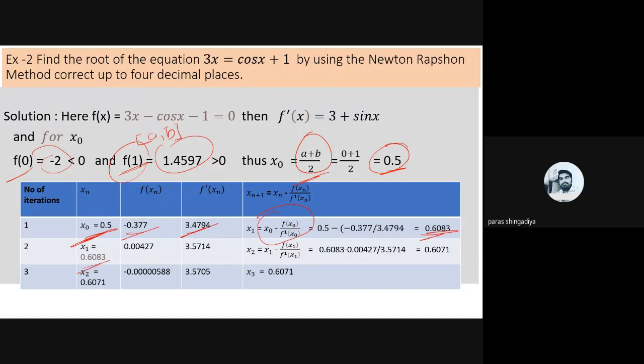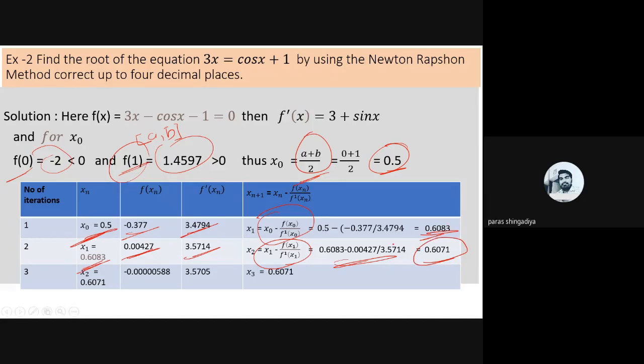Now use this x1, 0.6083: replace it in 3x minus cos x minus 1 and check its value, then replace it in f dash of x1 and find x2, that is x1 minus f of x1 upon f dash of x1. Simplify that and we get the answer 0.6071.